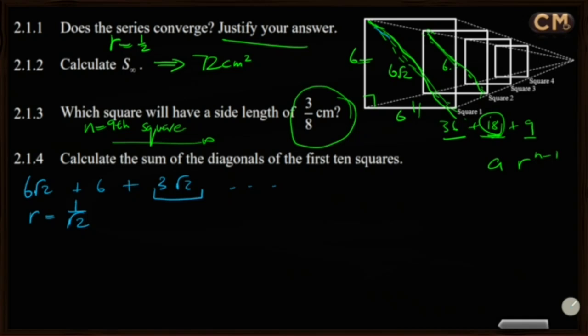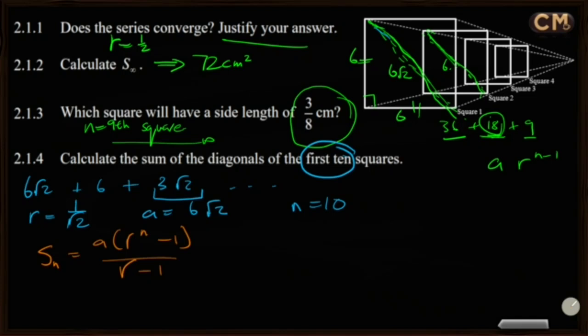Now, they want the sum of the diagonals of the first 10 squares. Given that we have r, we have an a value equal to 6 times the square root of 2, and an n value equal to 10. Let's do that in a different color. Orange is good, I think. The sum to n terms is equal to a times r to the power n minus 1, all divided by r minus 1.